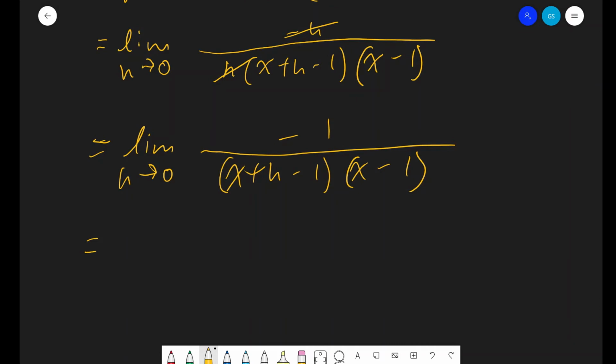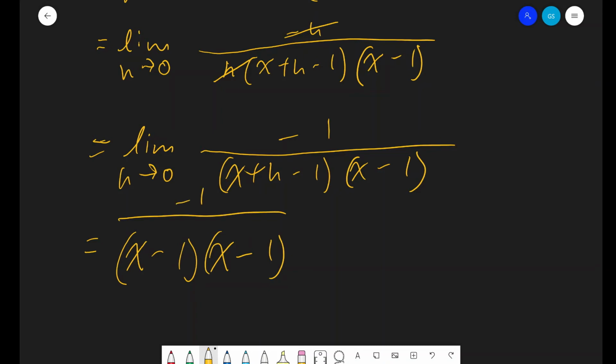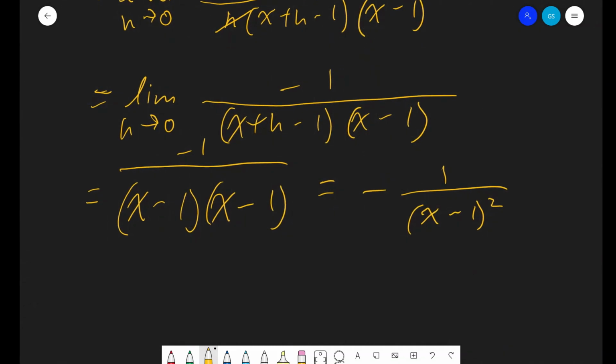So that leaves us with x minus 1 times x minus 1 over negative 1, which is just negative 1 over x minus 1 squared. And we're done. That is the derivative function.